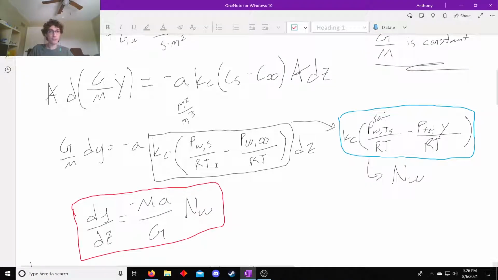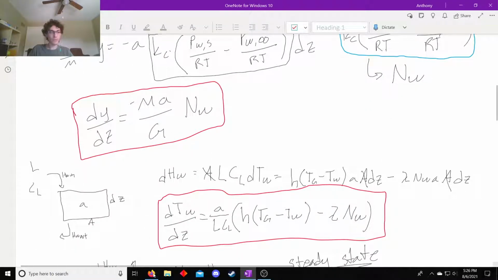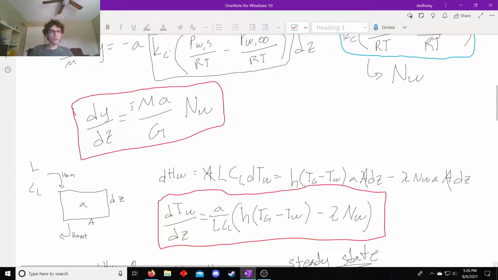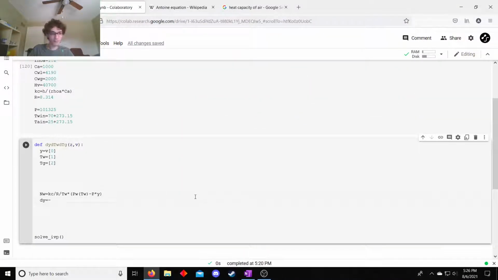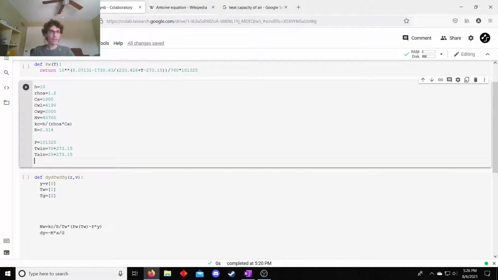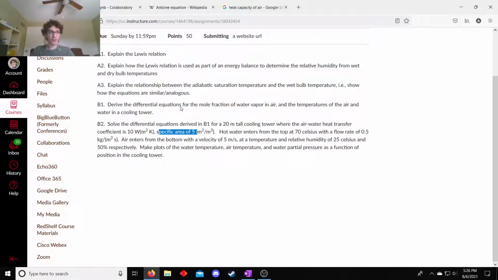Now we need to type in our first differential equation, which is going to be dy. So dy equals negative molecular weight times A over G. Okay, so we have a few things we need to define here. First A. A is given to us, specific area of 5.